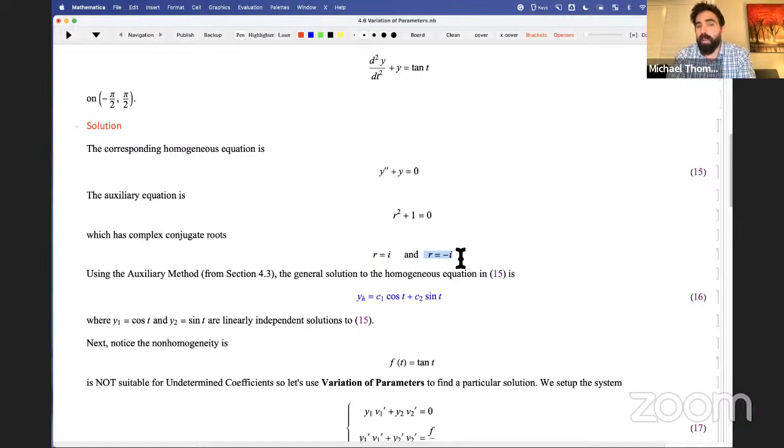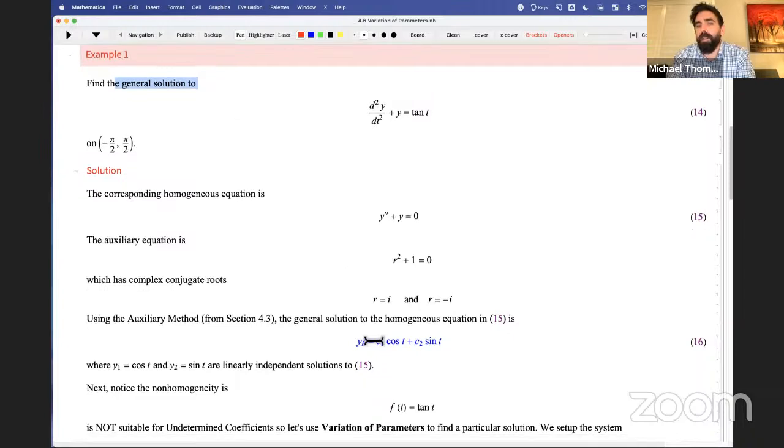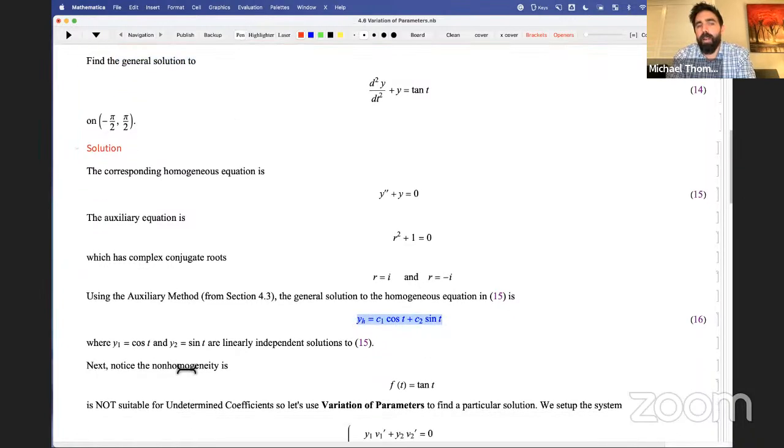So by the auxiliary method, the general solution to the homogeneous equation is right there. We're going to need YH because we're finding the general solution. Okay, so there's YH. Notice that in our method, we've basically created two linearly independent solutions. These are used in variation of parameters, so we'll hold on to those.